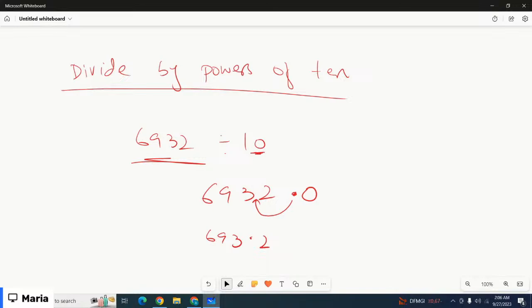Okay, let's do another example. The other example is 9 divided by 10. Which is the correct option? 0.9 or 0.009?